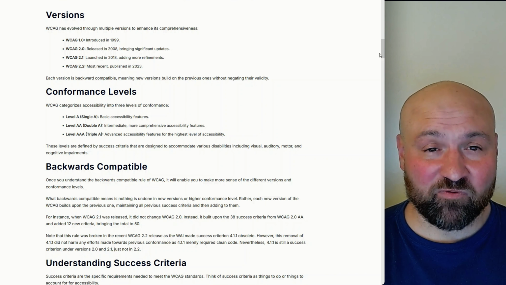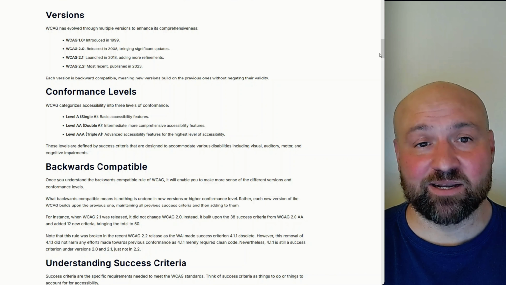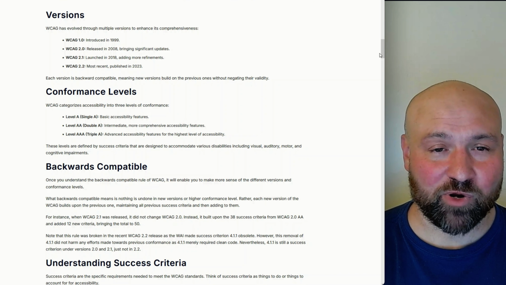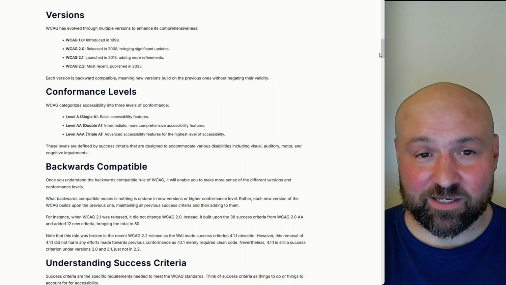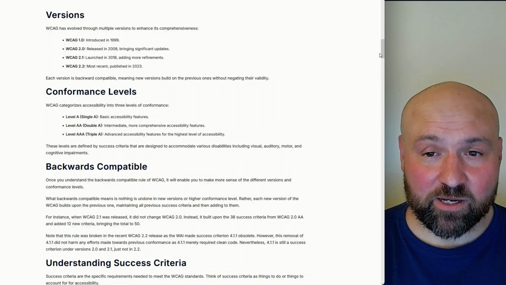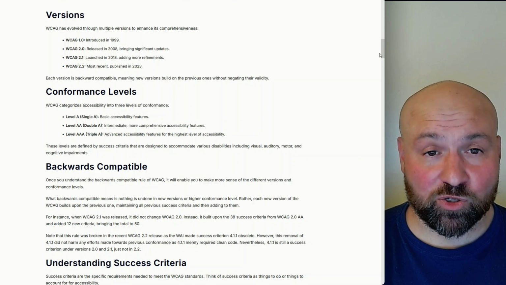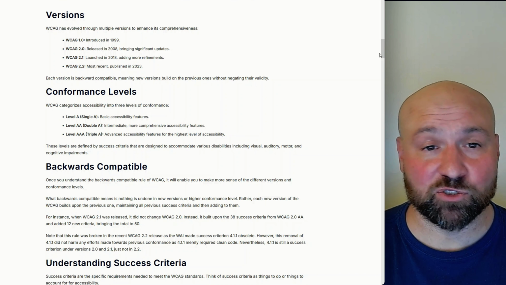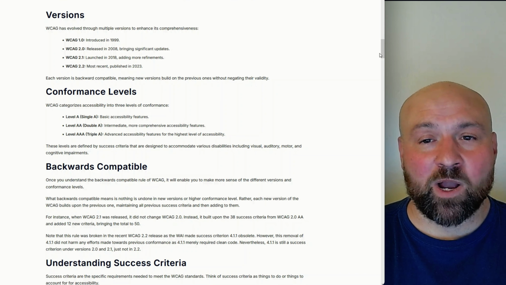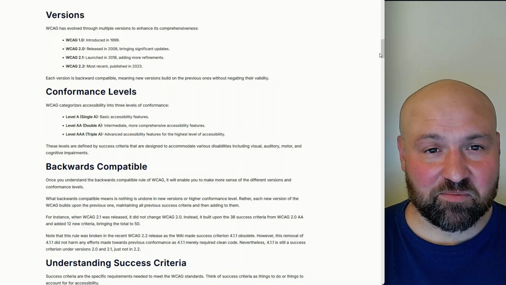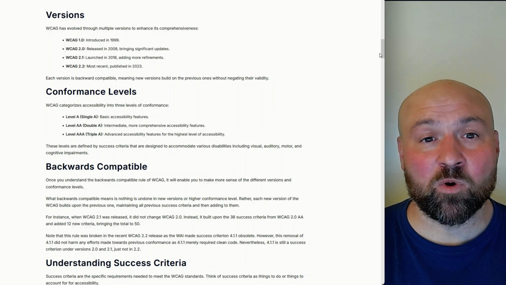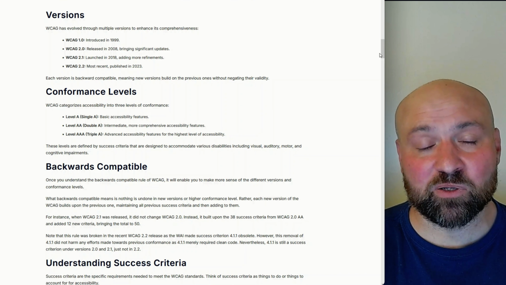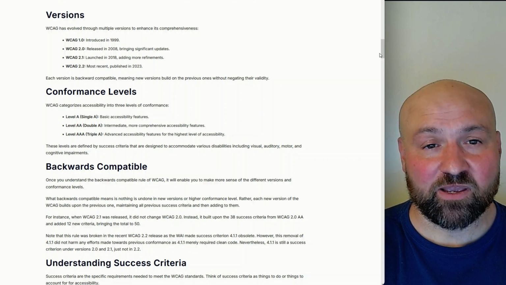So what happened with version 2.1 is they added additional success criteria or requirements to 2.0. And then recently in 2023, we had WCAG 2.2 released, and that added a few additional success criteria to 2.1. So while all of these different versions may seem confusing, what will unwrap that confusion is that we're just building on top of each version.